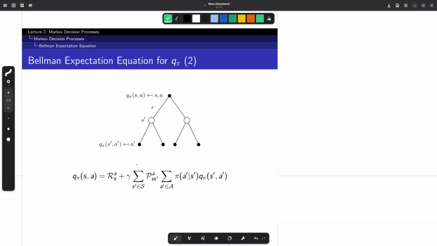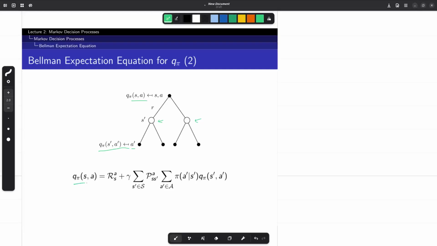And we can write it down using the action value function. Whenever you choose an action in a particular state, you end up in different next states. And after ending up in different states, again, you can choose different actions in the next state.